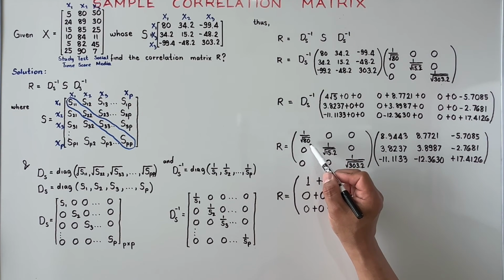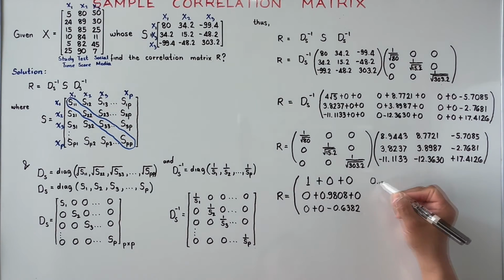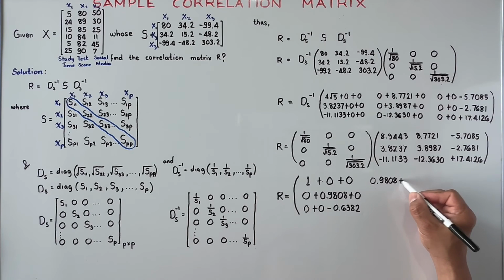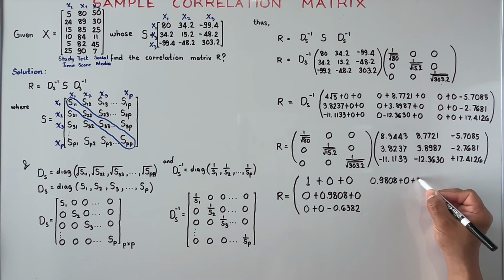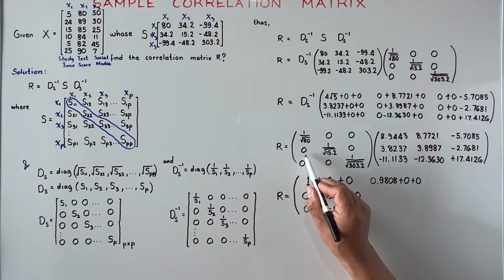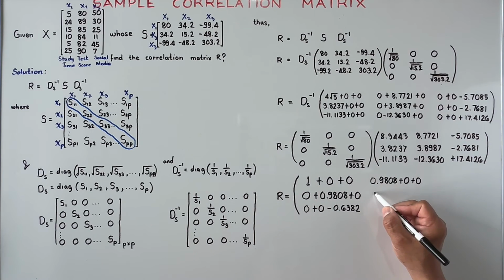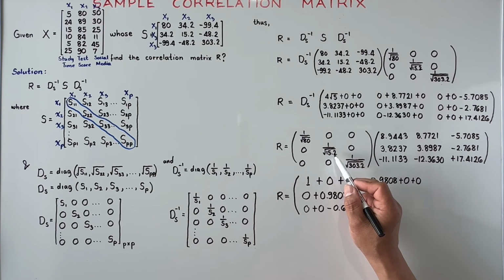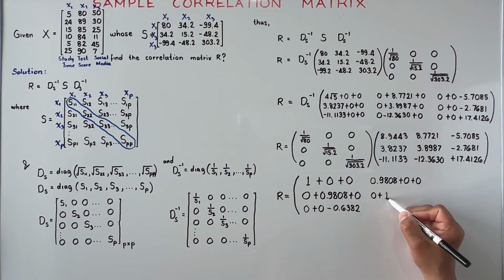And then multiplying again these 3 rows by this second column. So 1 over the square root of 80 times 8.7721, we have 0.9808. But 0 times this number, that's 0. And 0 times this number, that's 0 also. And then multiplying this second row by this second column, we have 0 times this number, that's 0. But 1 over the square root of 15.2 times 3.8987, the product is 1.